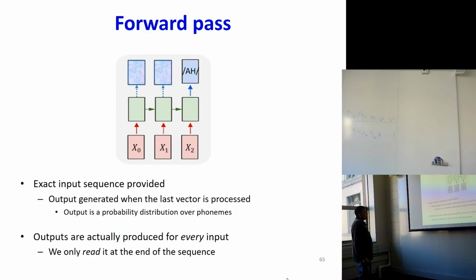But then keep in mind that there's nothing sacrosanct about the last input. I could be producing outputs at every single input. It's just that we don't, because we don't care. We are going to make the classification only after we've seen the entire input sequence. But suppose instead of giving you, in the first experiment, a 15 vector sequence that represents a phoneme, I just gave you the first 14.